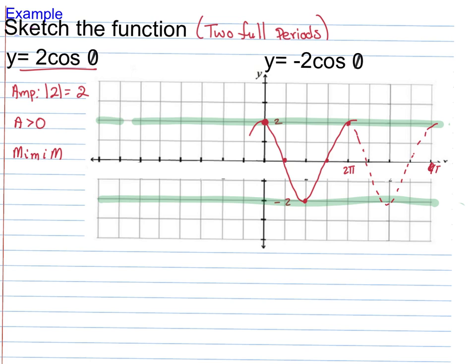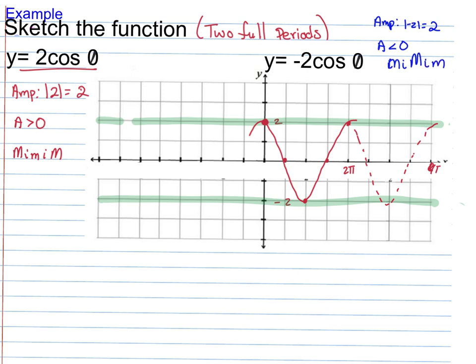So that's for 2 cosine of theta. For y equals negative 2 cosine of theta, same thing. For your amplitude, you take the absolute value of it, and that's going to be positive 2. Since this time your a is less than 0, you're going to start at a minimum, intercept, maximum, intercept, minimum.